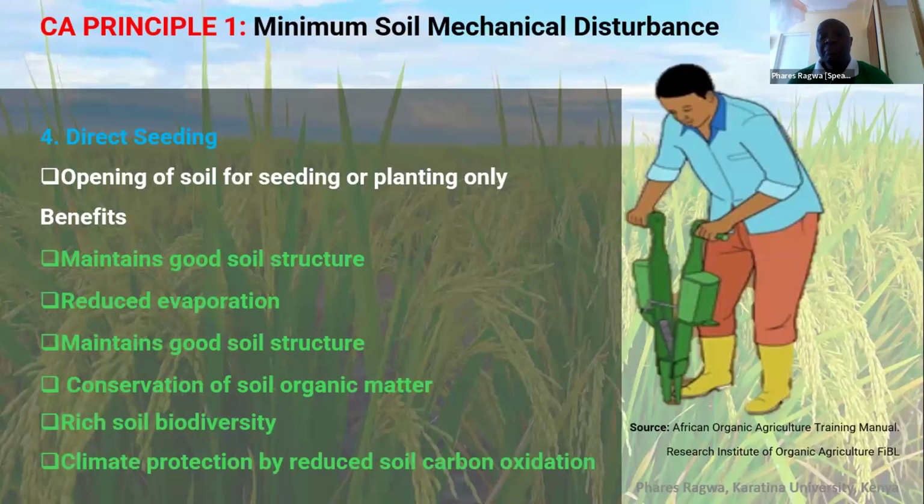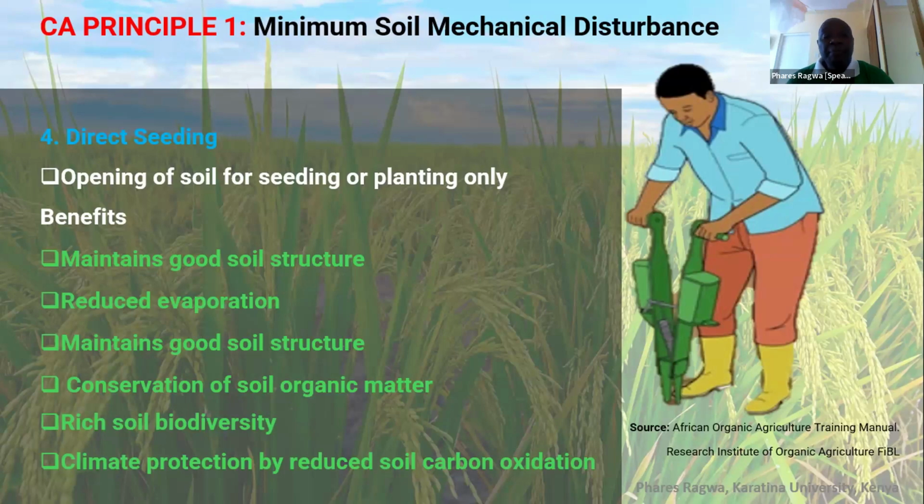This implement is able to dig a small hole for the seed and also drop the seed and the fertilizer at the same time, so that allows you to not disturb the soil unnecessarily. That's not my picture. I also got it from some literature, and it is shown there.